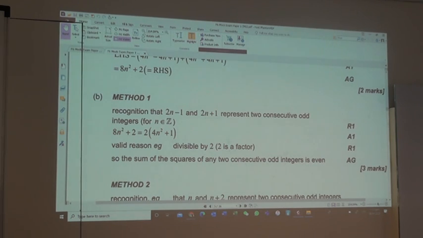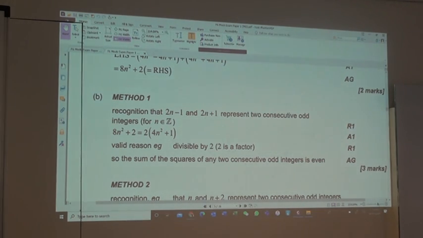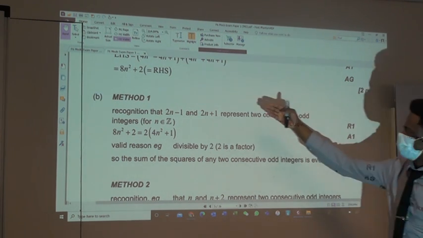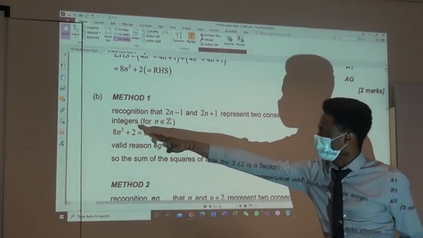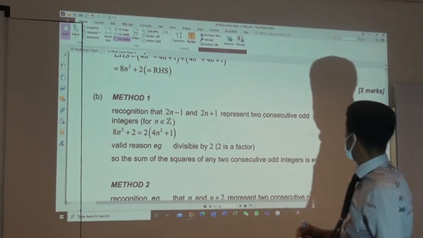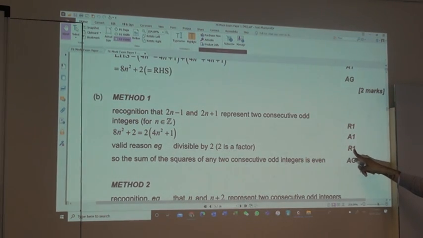Method 1. Recognizing this. Did you see that? Well, if the candidate recognizes that, give 1 for the reasoning. And you use the A part. Once you write this one, the fact that the candidate factorized this, mark A1. But that's not the end. So if you do this and you stop, it means you don't get this last point.